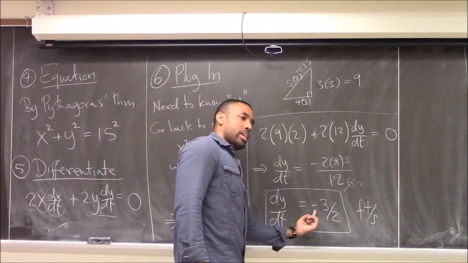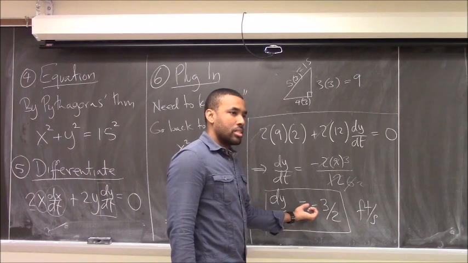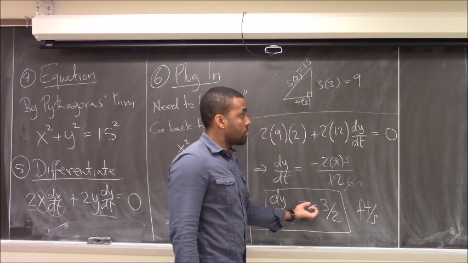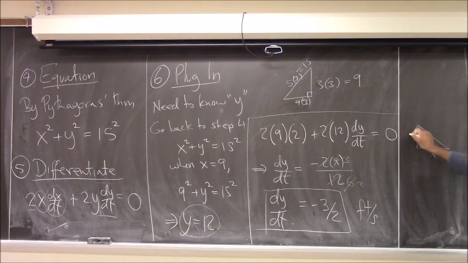Now, one important thing here is notice that we got a negative sign. Does that actually make sense? Yes, because of direction, because it's going down. If this is x and that's y, if x increases, you should realize that y is decreasing.